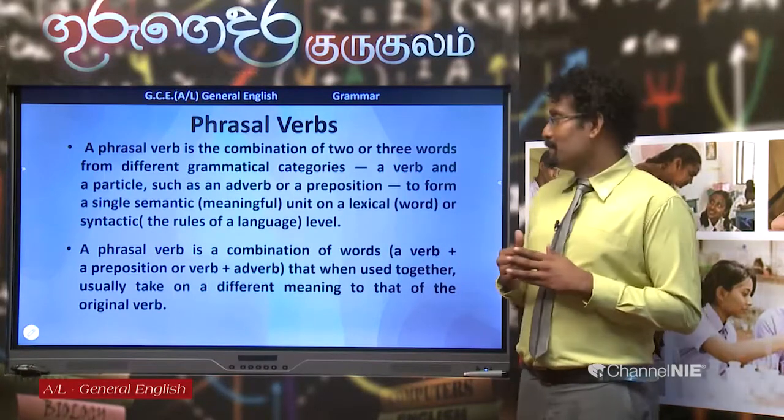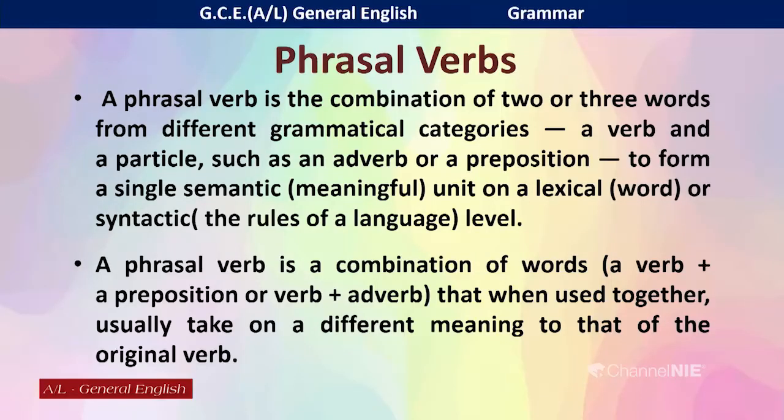A phrasal verb is a combination of 2 or 3 words from various grammatical categories, like a verb and a particle, that means a function word, such as an adverb or a preposition, to form a single semantic, meaningful unit on a lexical or syntactic level.